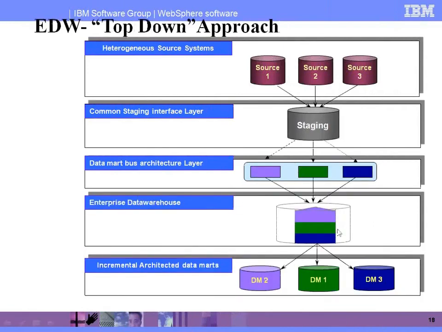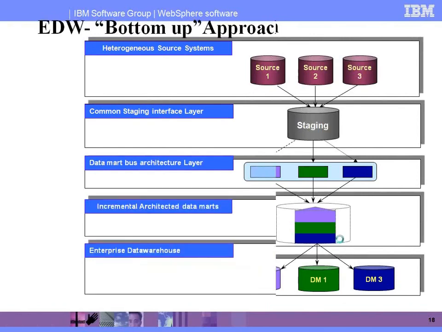The second type of approach is the bottom-up approach. What does bottom-up mean? Here also we get data from heterogeneous sources and load it into the staging area. Once the data is loaded into staging, we create the different kinds of marts. This is not the actual physical mart; it is a structure created in the staging area database itself.